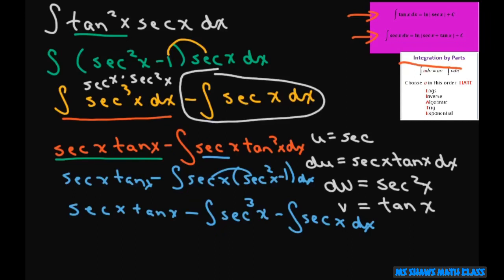So basically, using our formulas here, using this formula, what you're going to get is the integral of secant cube x dx equals 1/2 secant x tan x plus, let me just write it down here real quick.